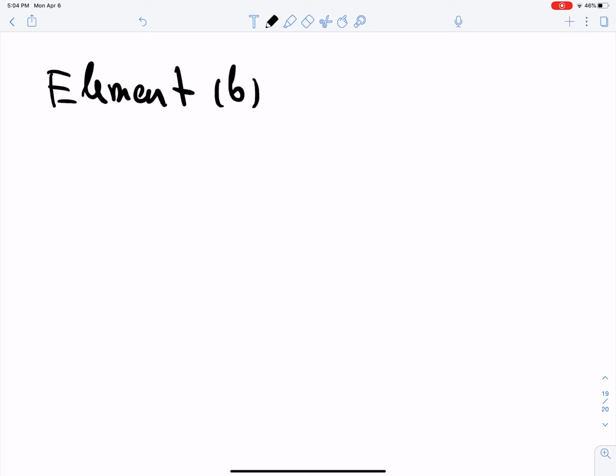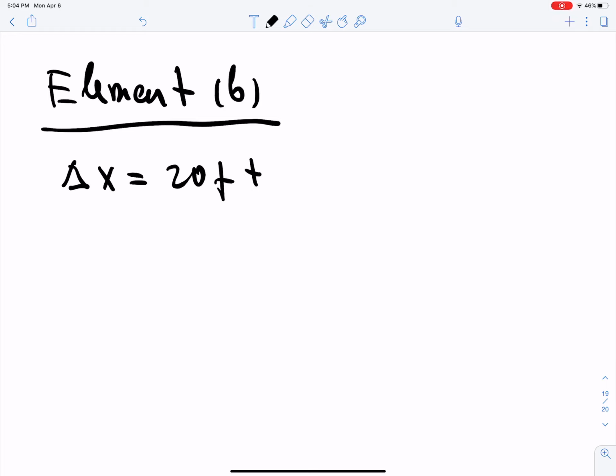Good. For element B, what you're going to find is that delta X is 20 feet, or 240 inches. Delta Y is 0.